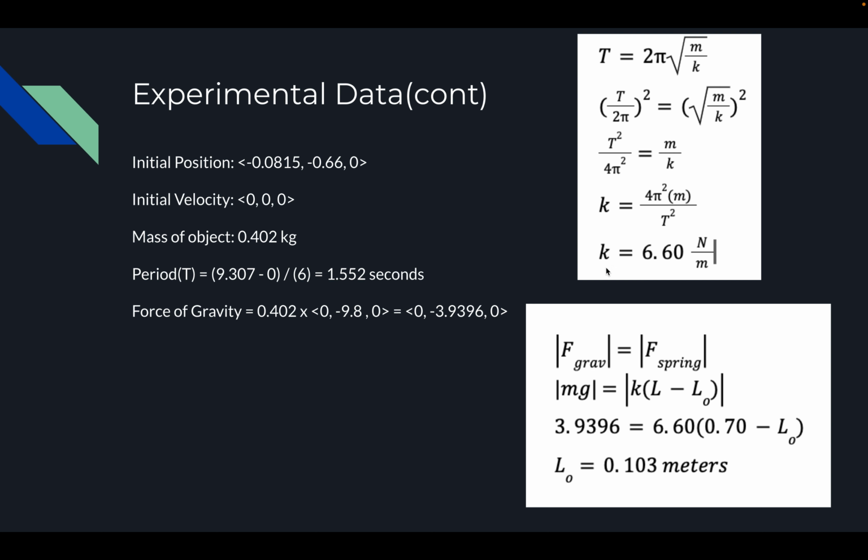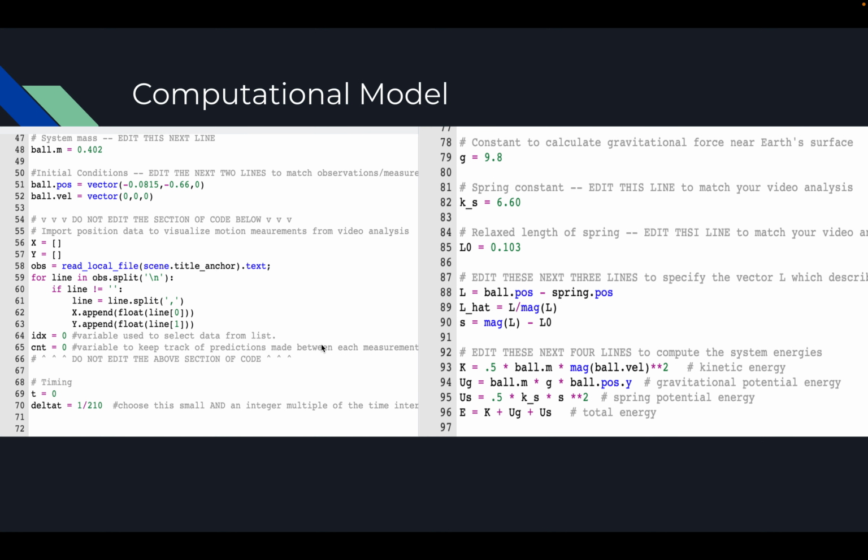As you can see, the spring constant was found to be 6.60 newtons per meter. And from this, since we know that there's no net force acting on the object, where mg and the spring force are equal, we can also use some algebra and determine that the relaxed length of the spring was 0.103 meters.